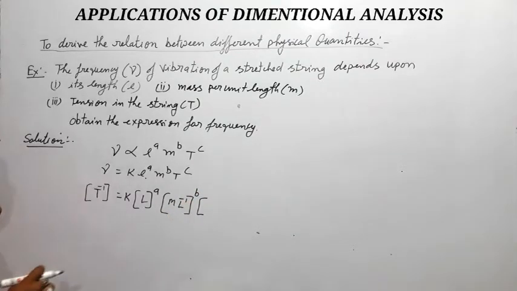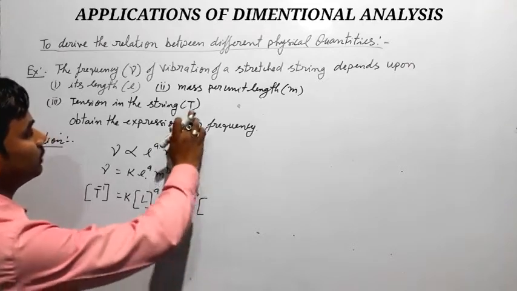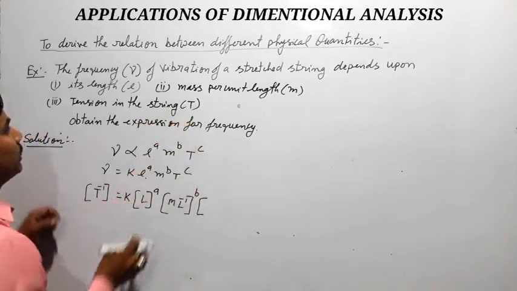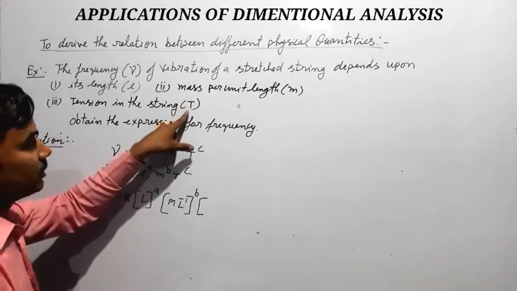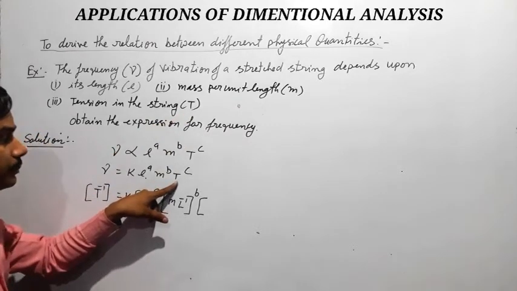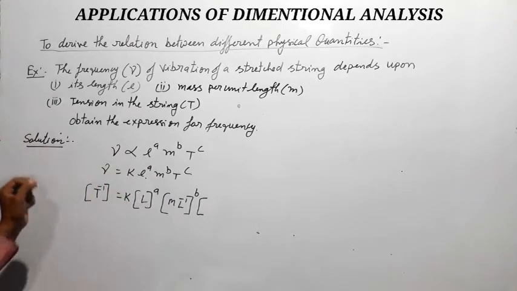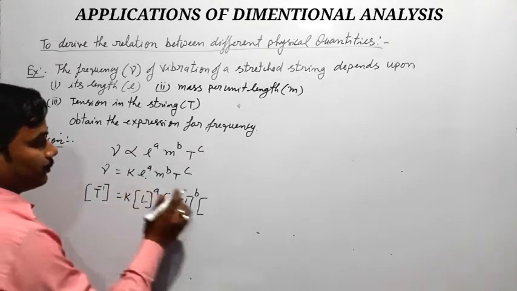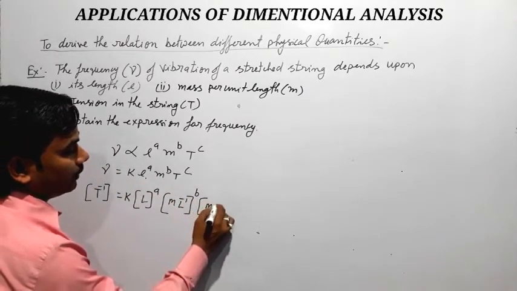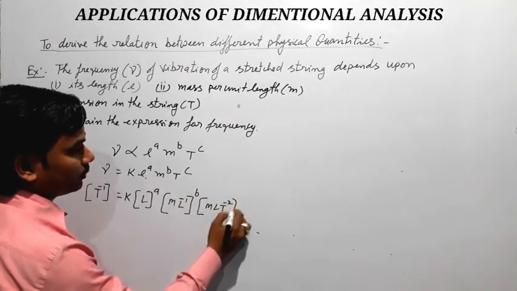And the dimension of T will be equal to the dimension of force. Why? Because here T is not time, here T is the tension of the string. And tension is a force, so this will be M L T minus 2.